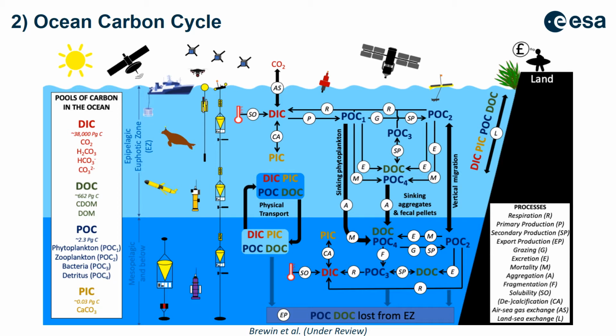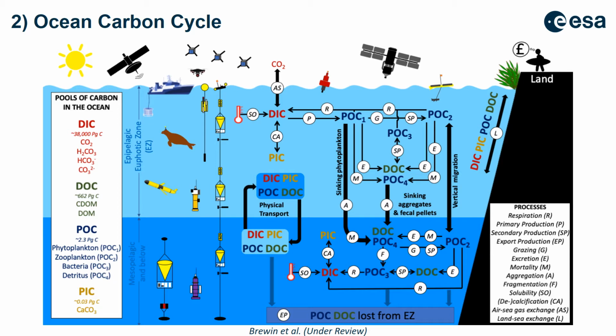So the phytoplankton pool particularly is constantly turning over, which ultimately contributes to the sequestration of some of the carbon in the deep sea. And we also have our particulate inorganic carbon pool, which is a small pool principally related to the calcium carbonate cycle.